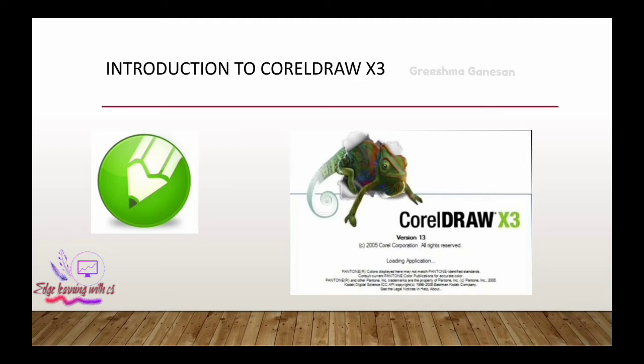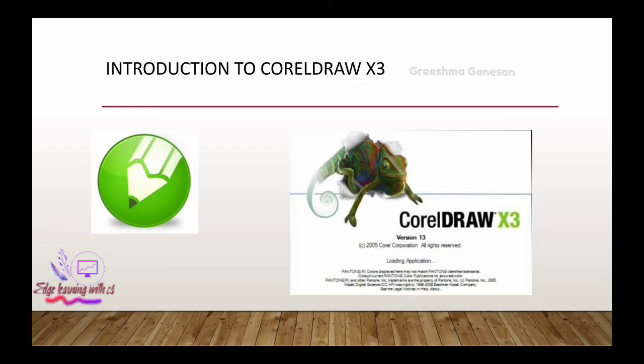In this chapter, we are dealing with CorelDRAW X3, or CorelDRAW 13th version. You can see the icon used for CorelDRAW X3 is the blue round with a pencil mark.